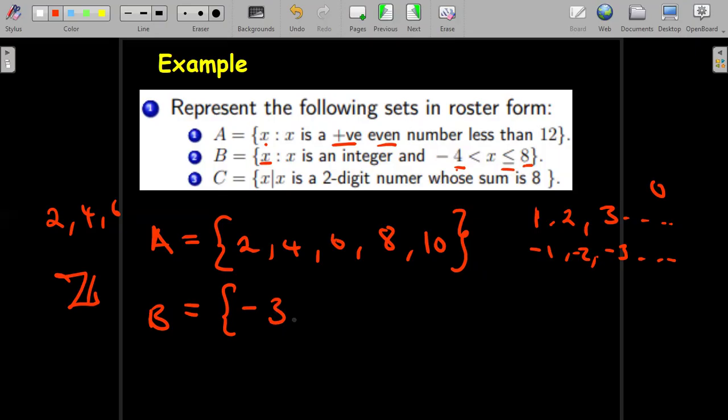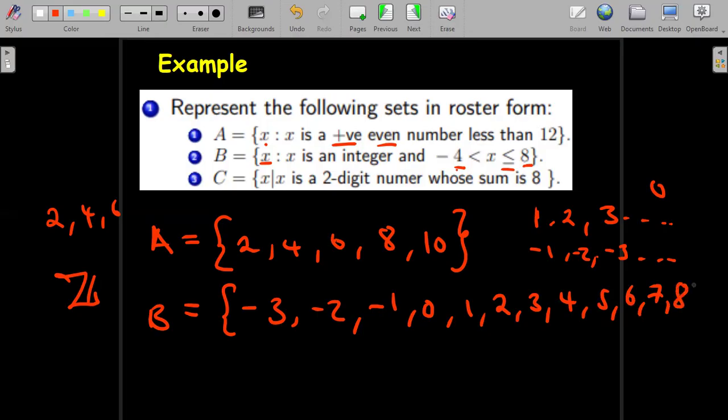So we have -3, -2, -1, 0, then 1, 2, 3, 4, 5, 6, 7, and 8.